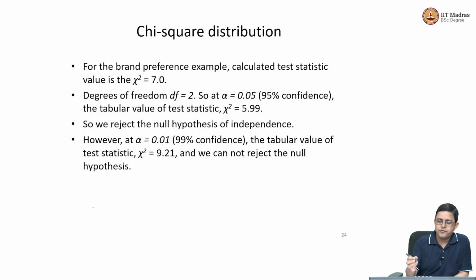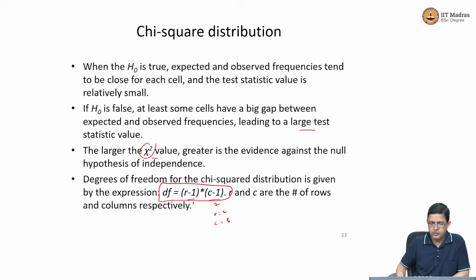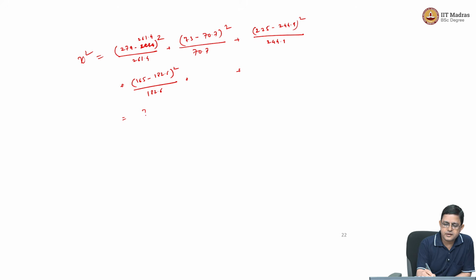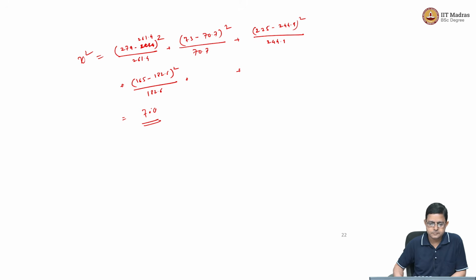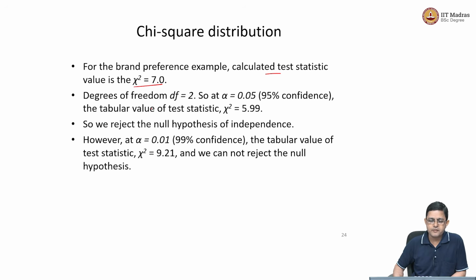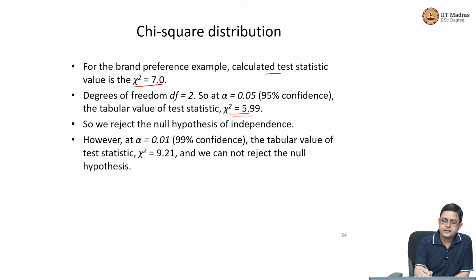For our brand preference example, the calculated test statistic turns out to be 7. What is the tabular value? For 2 degrees of freedom at 95% confidence, the tabular value of the test statistic is 5.99. Clearly, the calculated value is bigger than the tabular value, therefore we reject the null hypothesis.